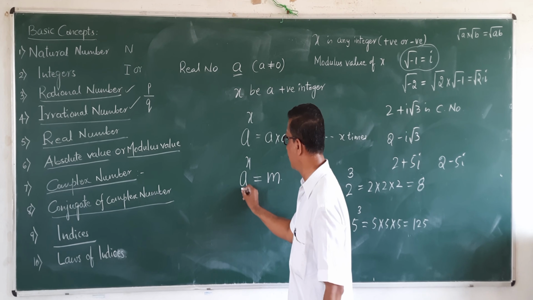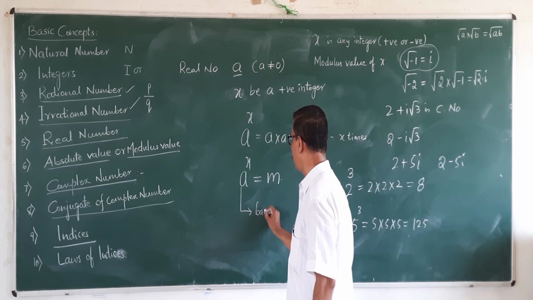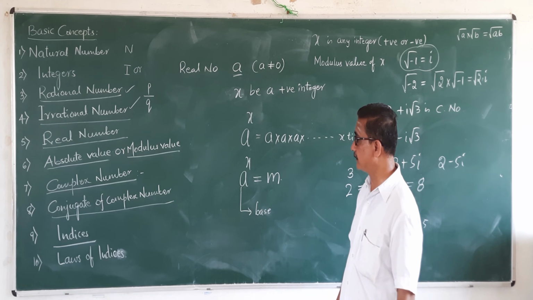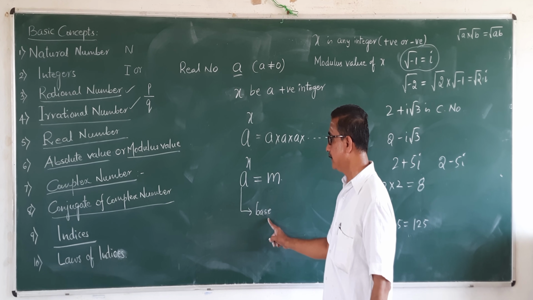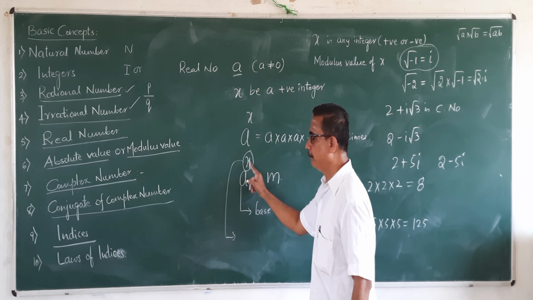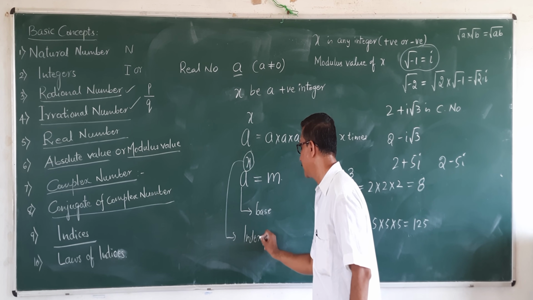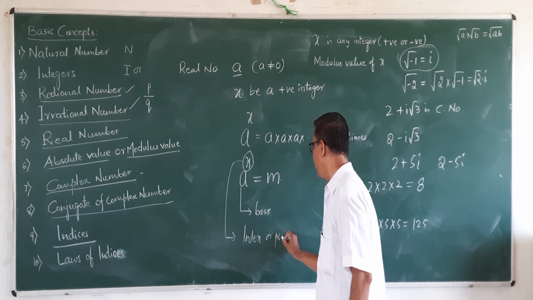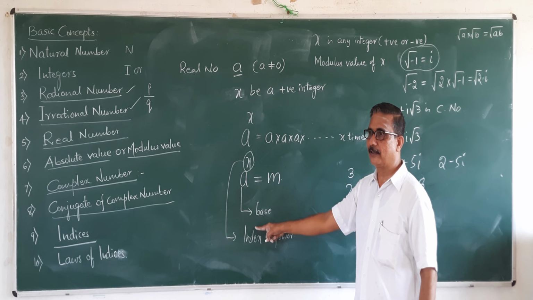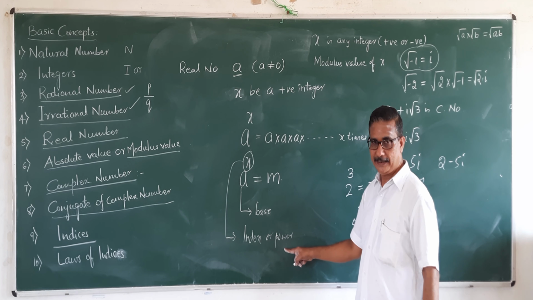So here a is called the base, the one you learned in the previous class. What is the power x called? The index or power. a is called the base and x is called the power or index.